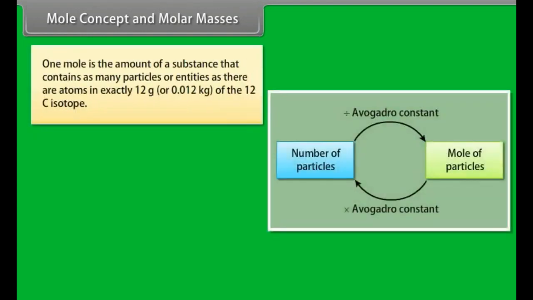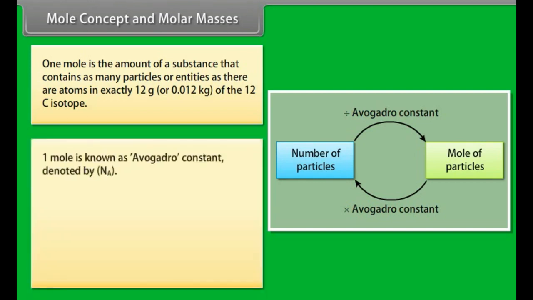Mole concept and molar masses. 1 mole is the amount of a substance that contains as many particles or entities as there are atoms in exactly 12 gram or 0.012 kg of the 12 carbon isotope. This number is known as Avogadro constant, denoted by NA.